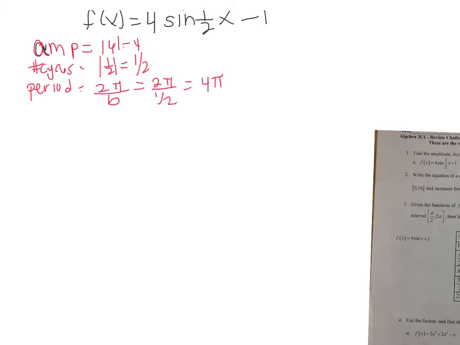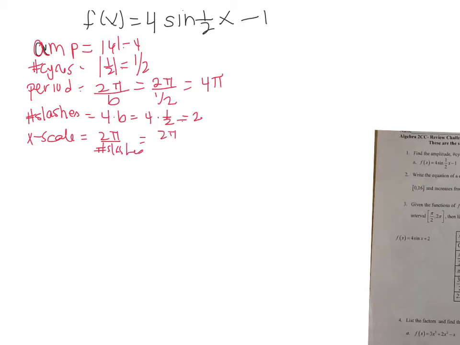All right, so the number of slashes is 4 times b. 4 times 1/2 is equal to 2. And then we have our x scale is 2 pi over the number of slashes.